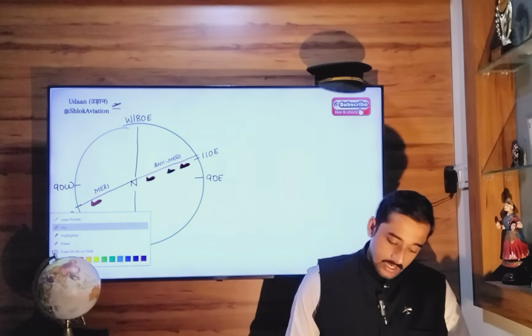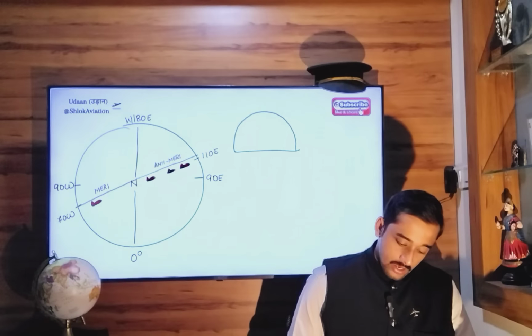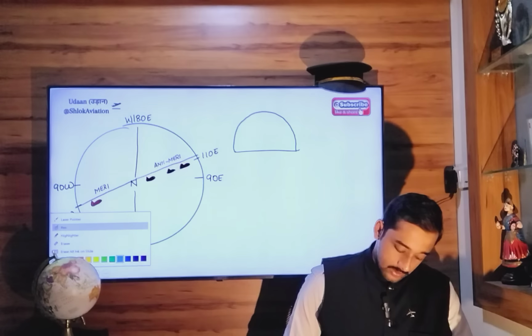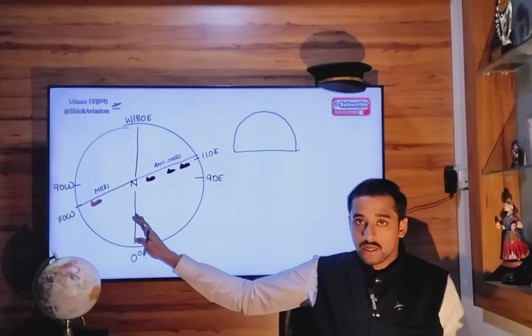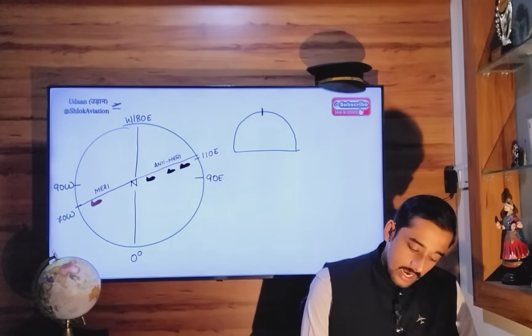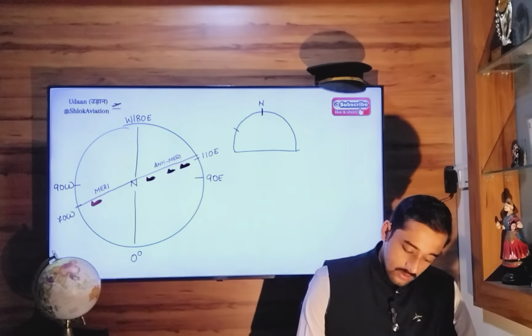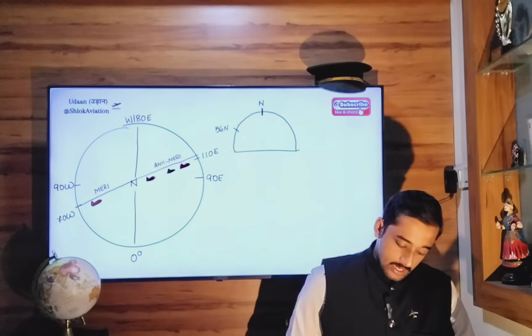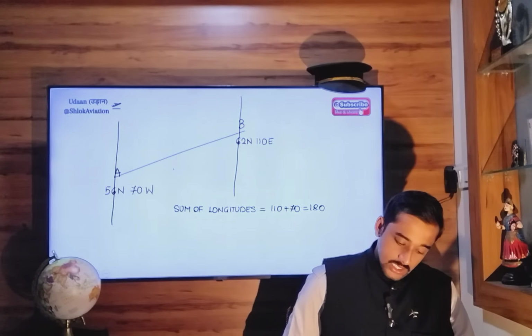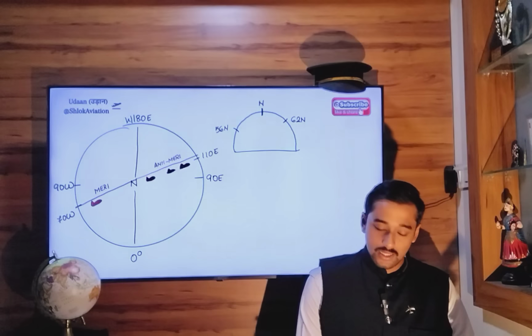So now you have to find great circle distance. To find great circle distance, you will have to draw this diagram and now represent latitudes here. Here we represented longitudes to explain the concept. Now to find distance, we represent latitudes. North, 56 north, 70 west, 62 north, 110 east.